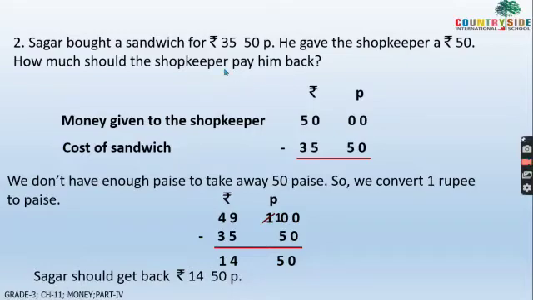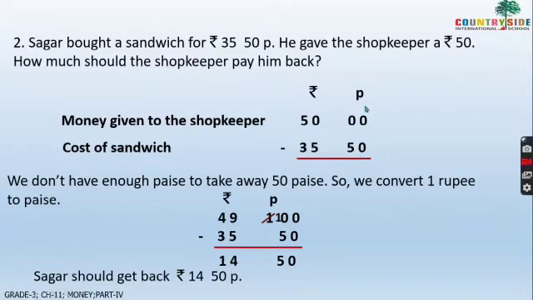Again you make rupees and paise in different columns. Then the money given to the shopkeeper was 50 rupees. We don't have any paise because he gave only 50 rupees. So 50 rupees and 00 paise. Then the cost of the sandwich was 35 rupees 50 paise.